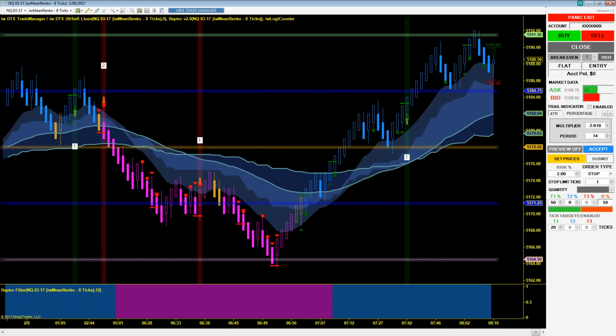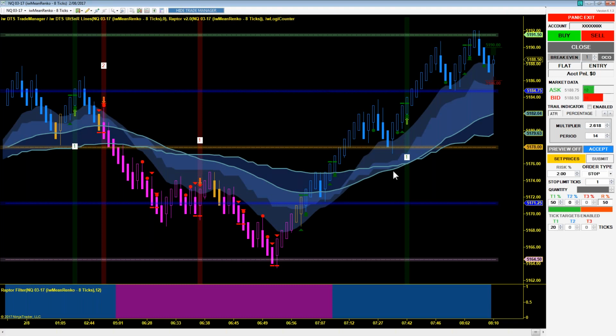Yes. So the Raptor is unique in that it takes components of all the DTS systems. That's the Hawk Scalper, the Falcon Swing Trader, and the Eagle Trend Trader, and it blends it all into one trading system.